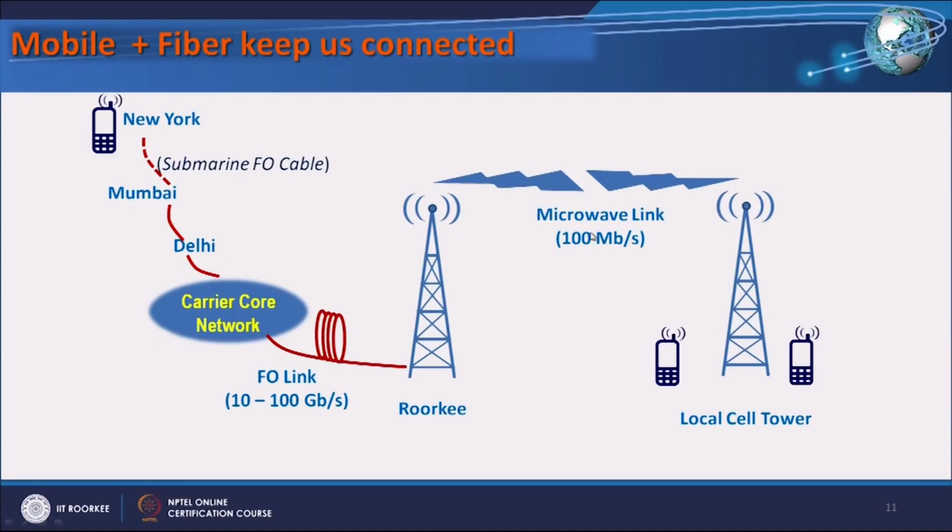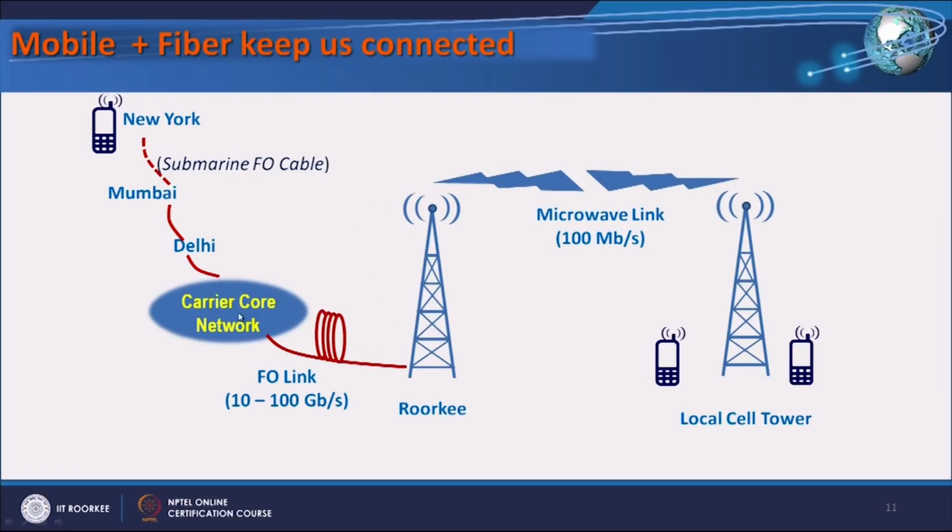The connection between your mobile phone and this tower is also through a microwave link. This microwave link has a limited data transmission capacity which is about 100 megabits per second. So you send data from this tower to this tower at 100 Mbps over a few kilometers, and then fiber takes over.